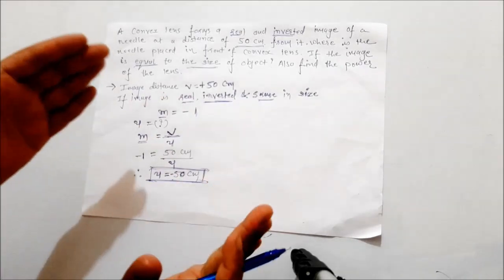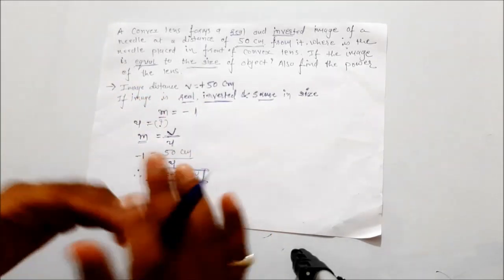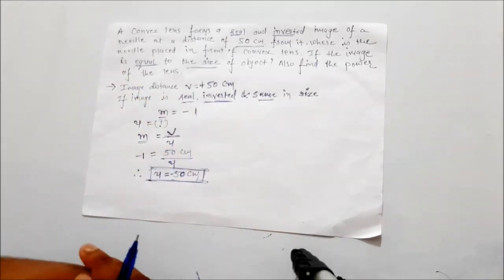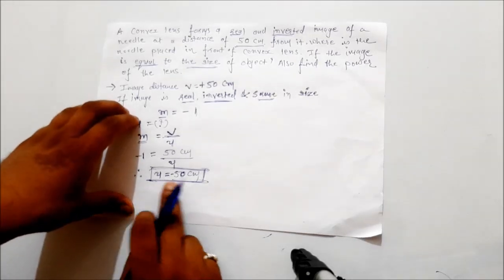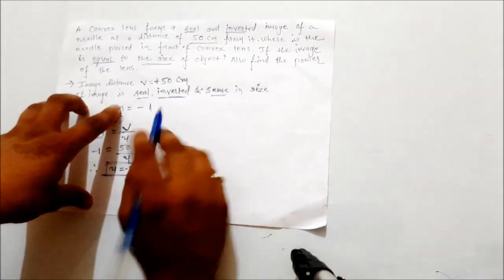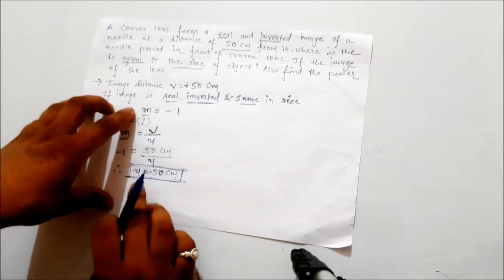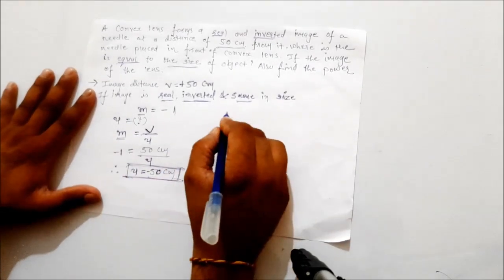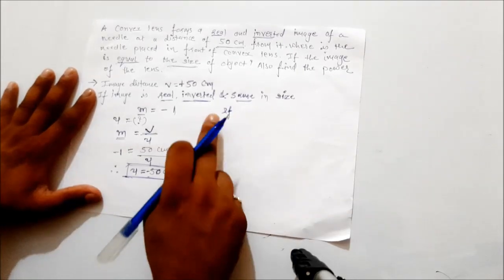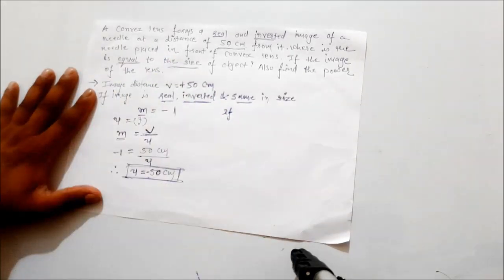This case is only possible if my distance is twice f. Same size we will only get if the object is placed at the center of curvature, right, here at twice f.